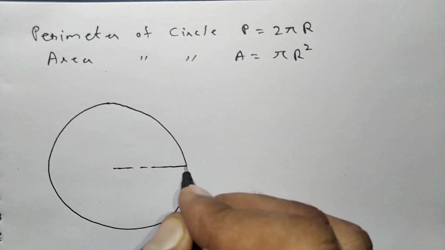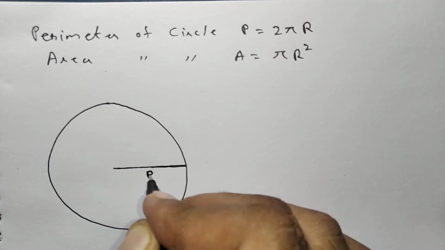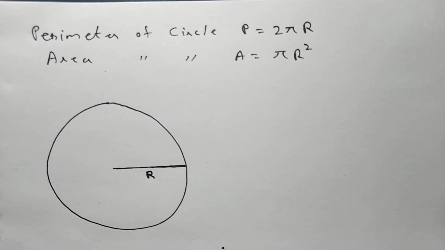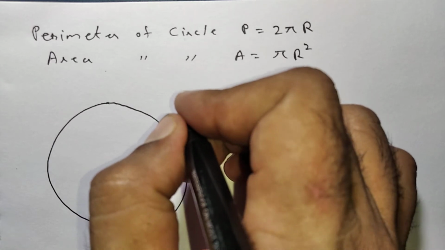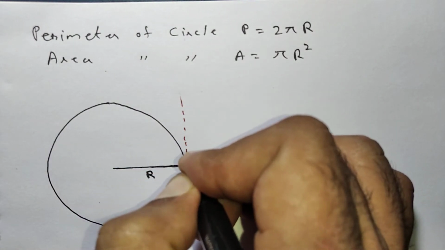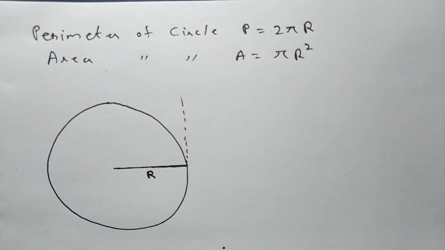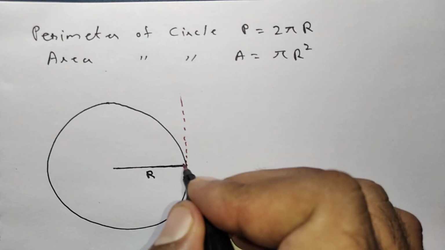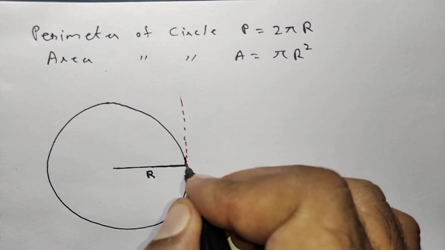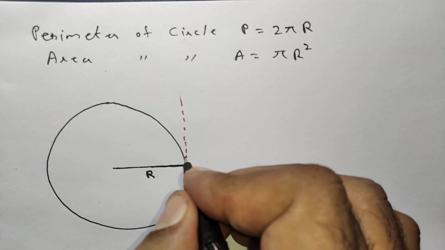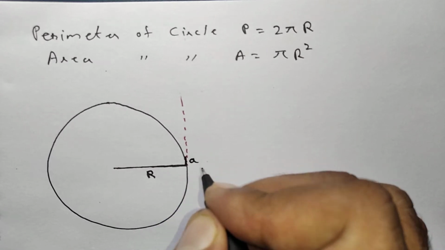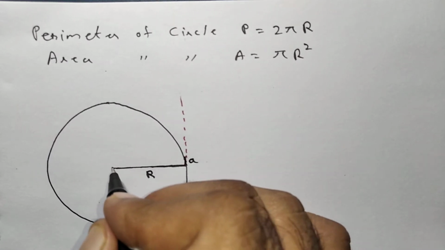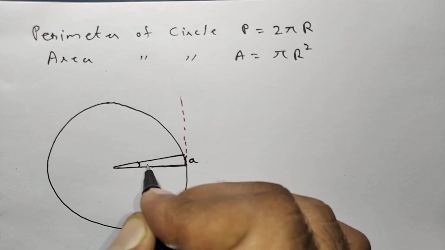In this circle, this is radius r. Draw one perpendicular line. Now if we take this very small perpendicular of length a, then this angle will be theta.